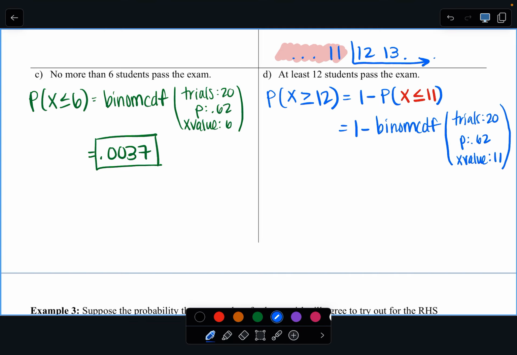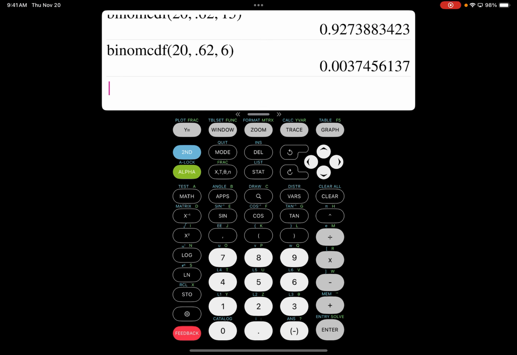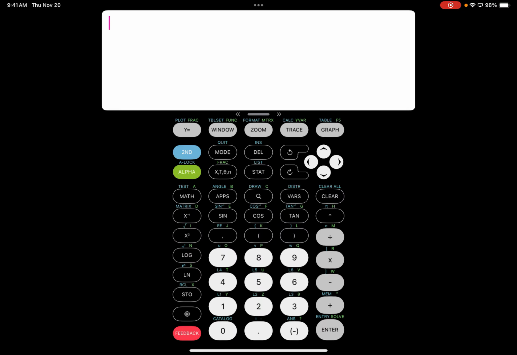Now, here's my piece of advice, because one of the sad things that I see all the time is correct calculations for the complement. However, a good chunk of people forget to subtract it from 1. So what I usually do is when I go to my calculator, before I even call up binom, I'll do 1 minus so that I don't forget to do that.